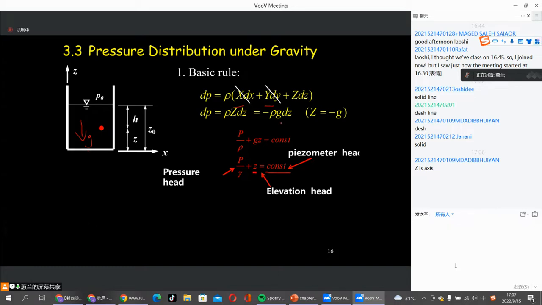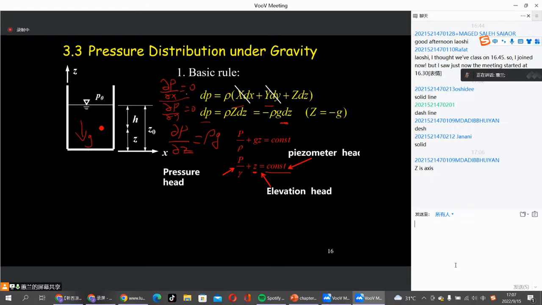You see here, this is calculus. We have dp dz equal to minus rho g. In the x direction, dp dx equal to zero because there is no body force in the x direction. dp dy equal to zero, because there is no body force in the y direction.